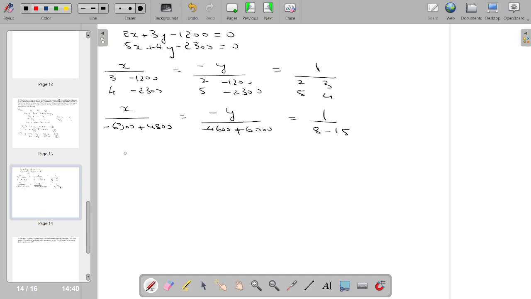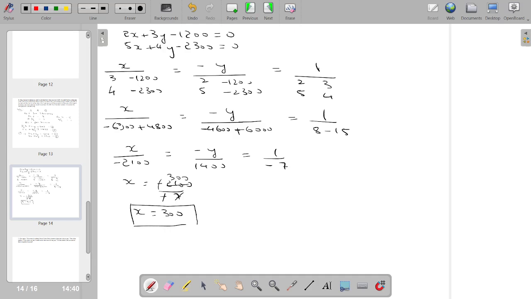Okay, now x divided by minus 2100 is equal to minus y by 1400, which is 1 by minus 7. So x is equal to minus 2100 by minus 7. I skipped one step because we know how to find it. 7 threes are 21, so x is 300.